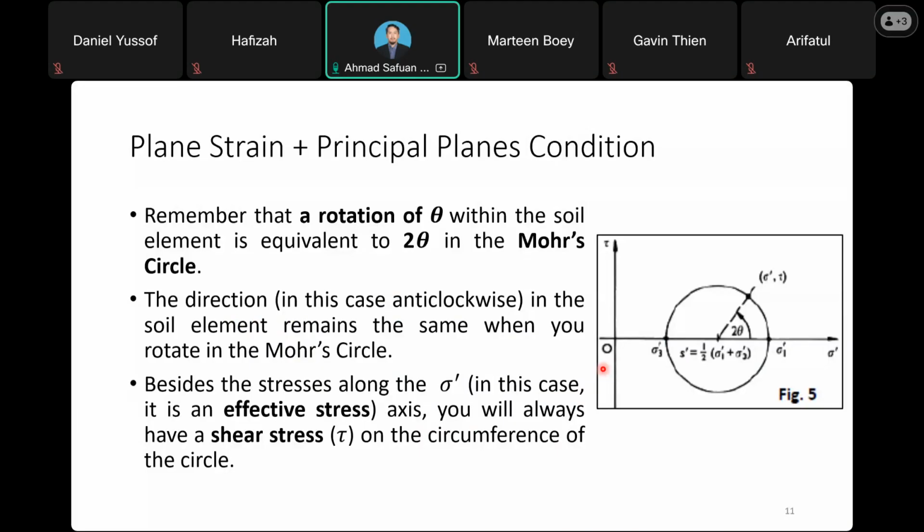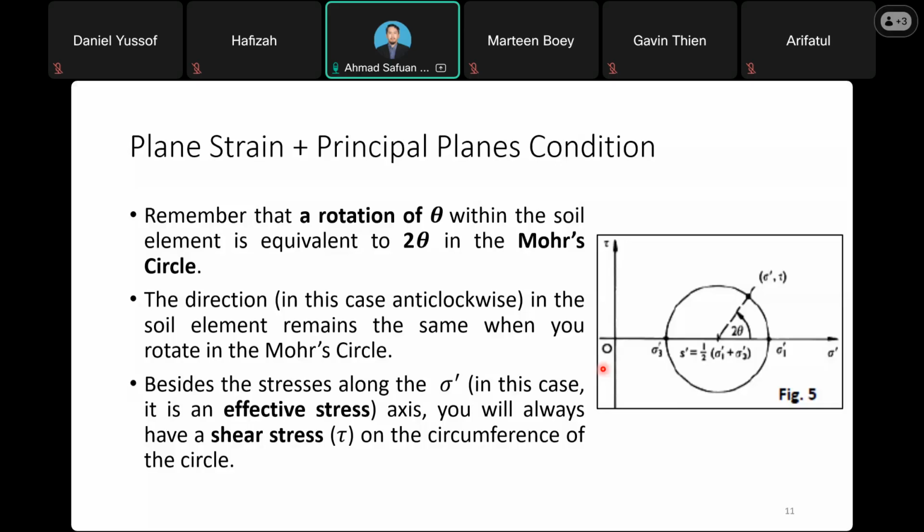Later on I will relate this 2 theta and theta when we want to get the coefficients of active lateral pressure and passive lateral pressure. So how they obtain the equations is by understanding the Mohr circle, where 2 theta actually represents the rotation of theta within the soil element.